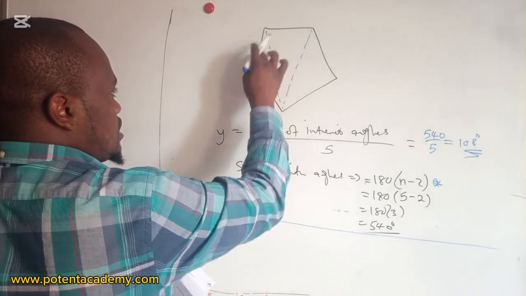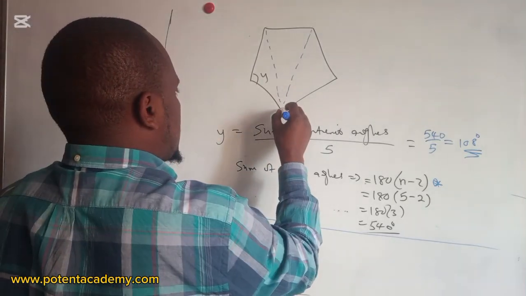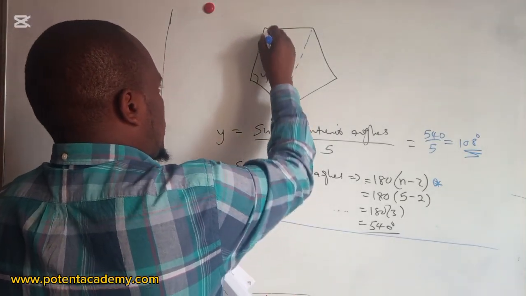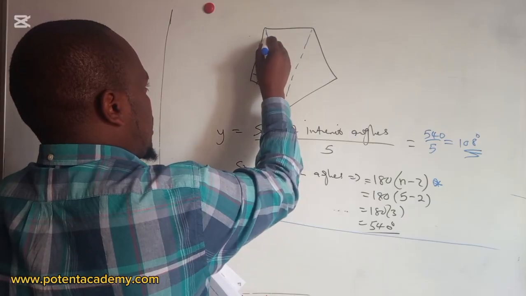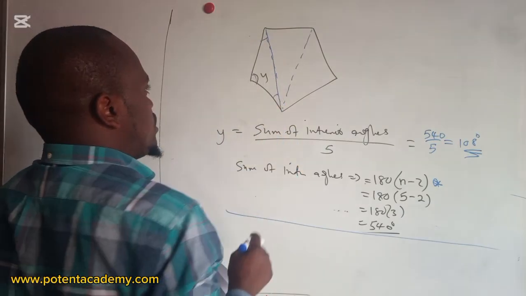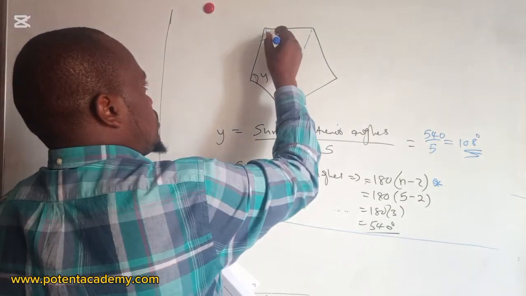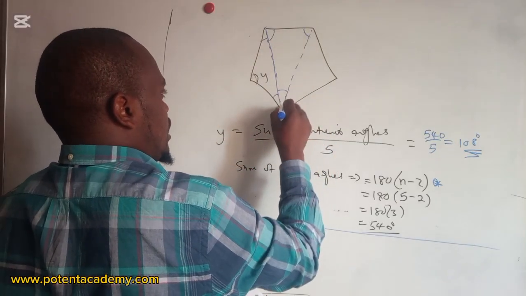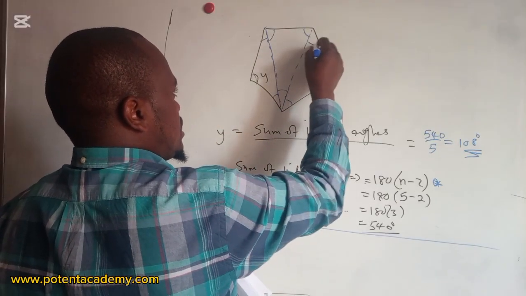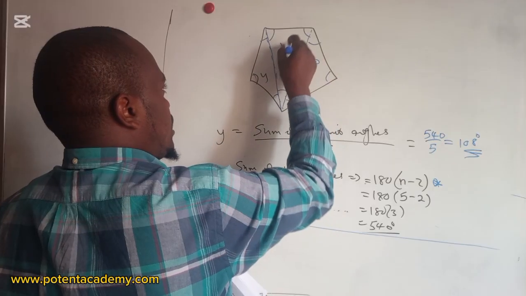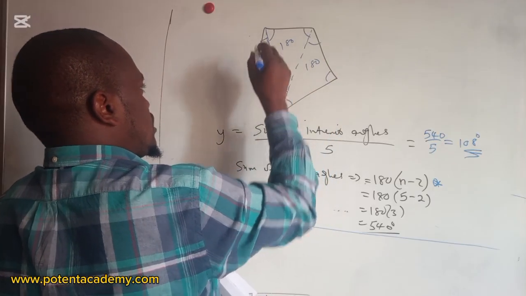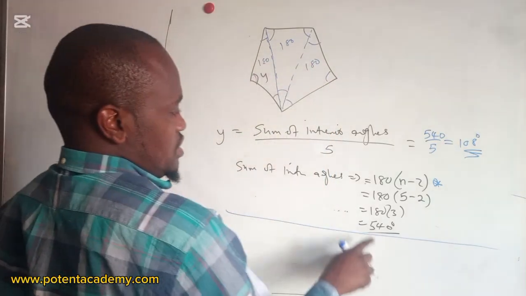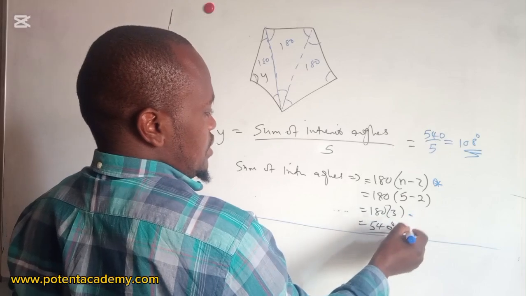In this triangle, when you add the interior angles, this plus this plus this, it gives you 180. What about if you add this, and this, and this? So this is 180, 180, and 180. So it is 180 times 3, which is what we have done here.